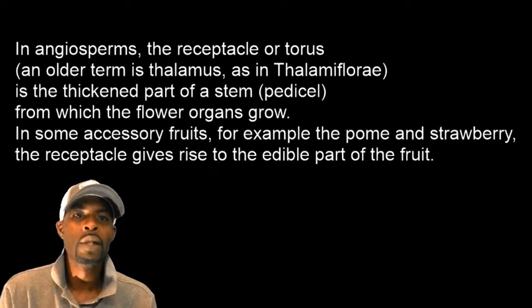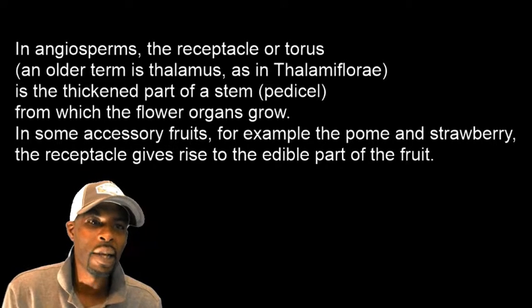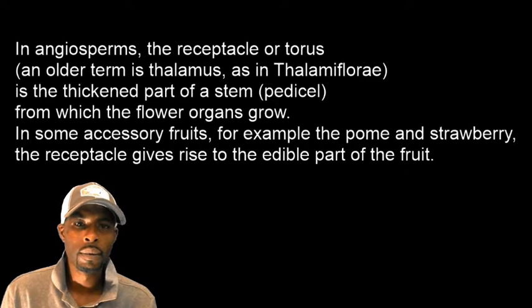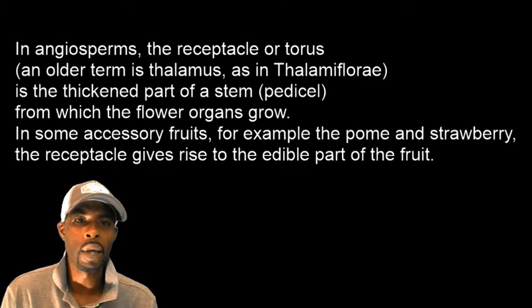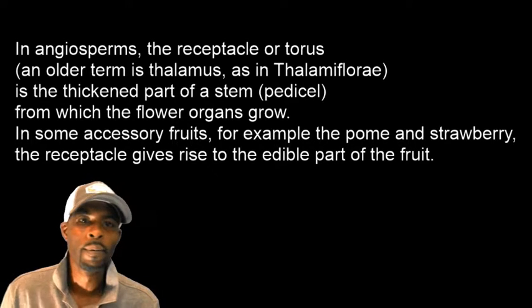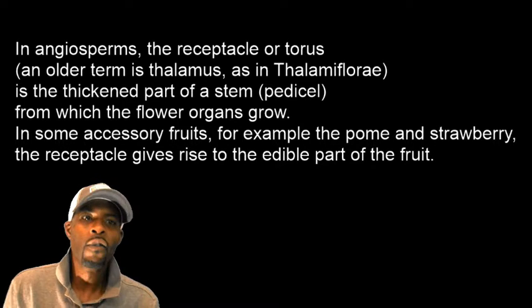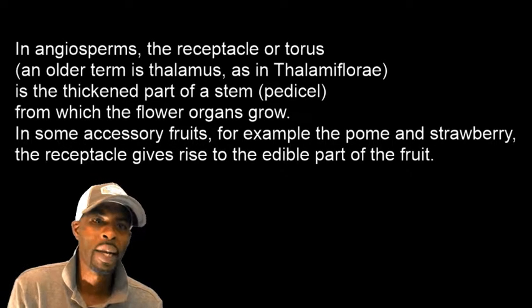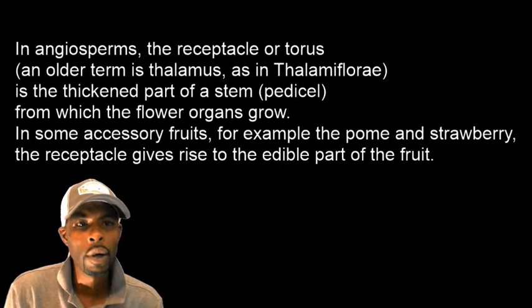It is the thickened part of a stem, which is the pedicel, from which the flower organs grow. In some accessory fruits, for example, the pome and strawberry, the receptacle gives rise to the edible part of the fruit.